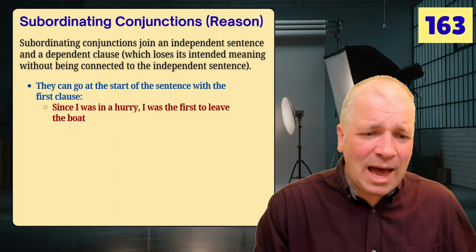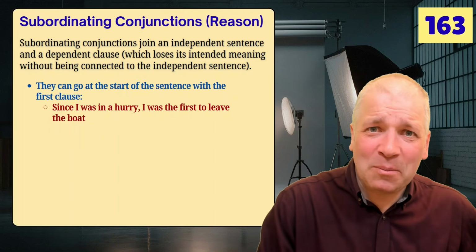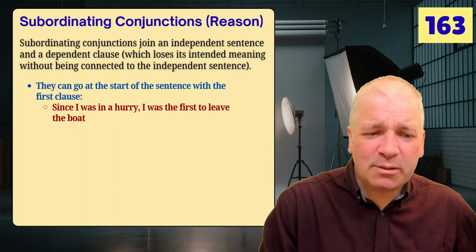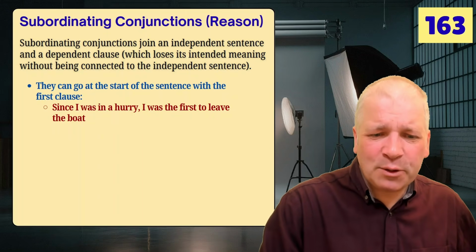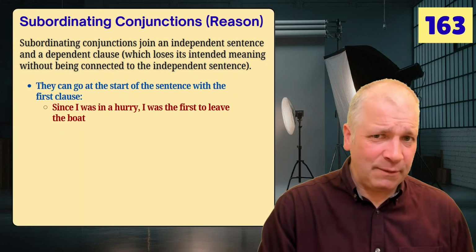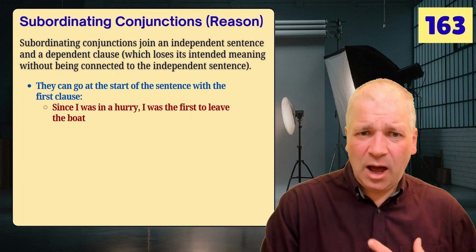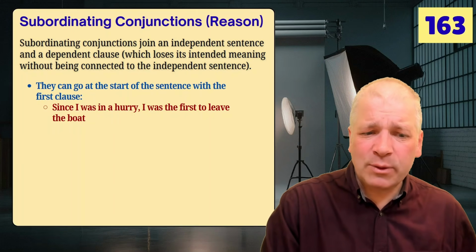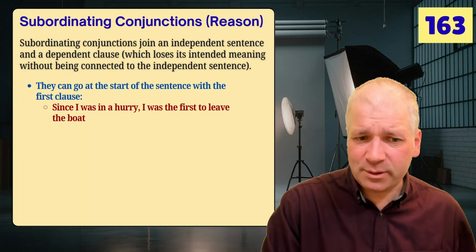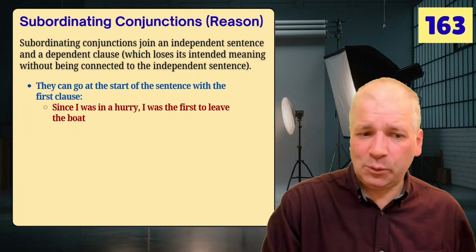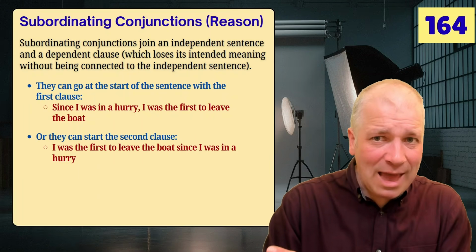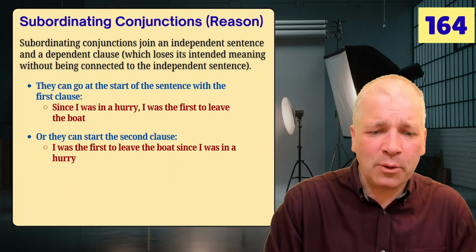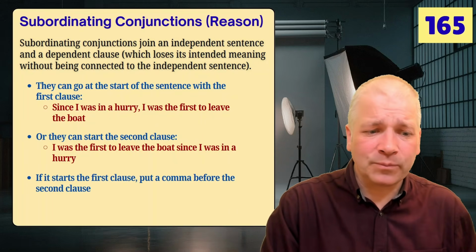So let's look at some of the examples below and study them. Since I was in a hurry, I was the first to leave the boat. So since gives the reason. I was in a hurry. That was the reason why I was the first to leave the boat. And here we see it can go at the start of the sentence with the first clause. Now, we can also move it to the end as well. I was the first to leave the boat since I was in a hurry.